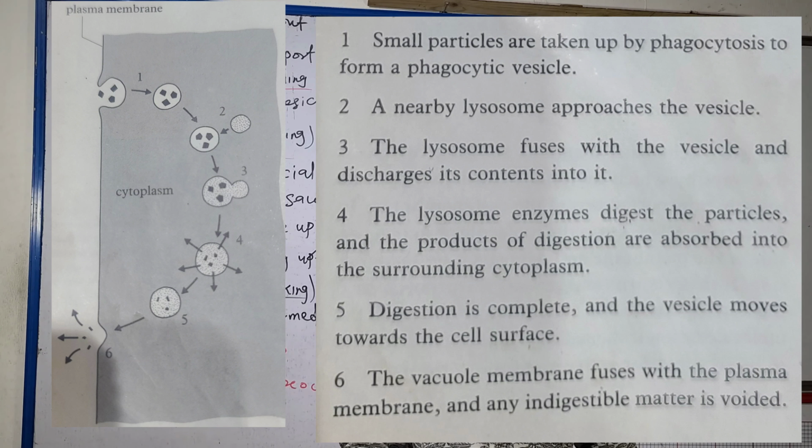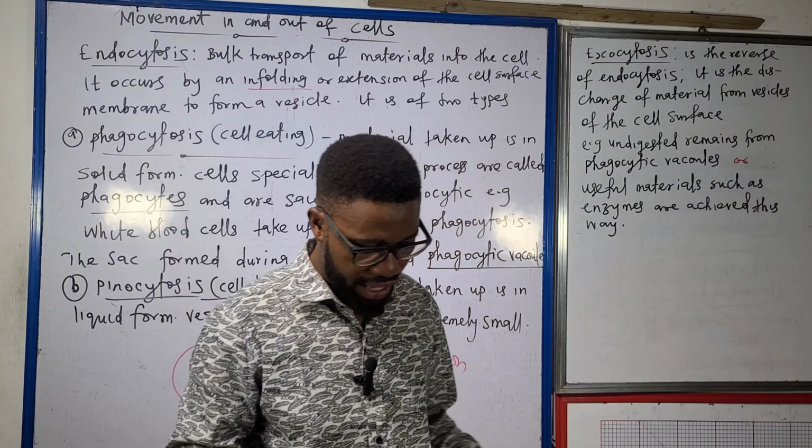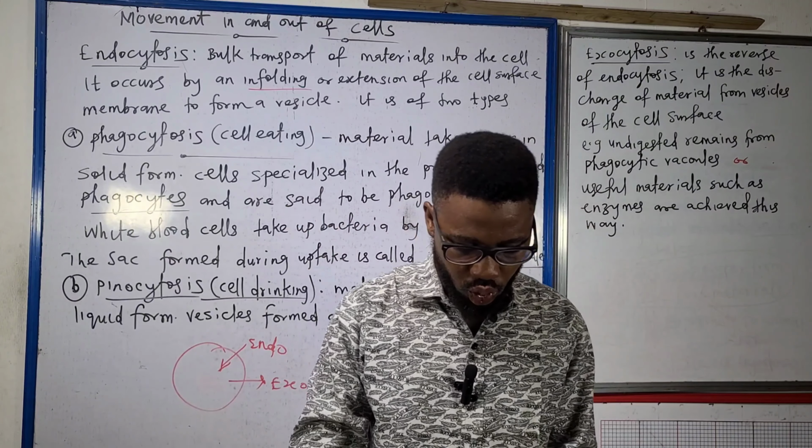Now, 5. Digestion is complete and the vesicle moves towards the cell surface. When it gets to the cell surface, the vacuole membrane fuses with the plasma membrane and any undigested matter is voided, is released to the outside. So that's just a diagram to show you what happens during endocytosis and exocytosis.